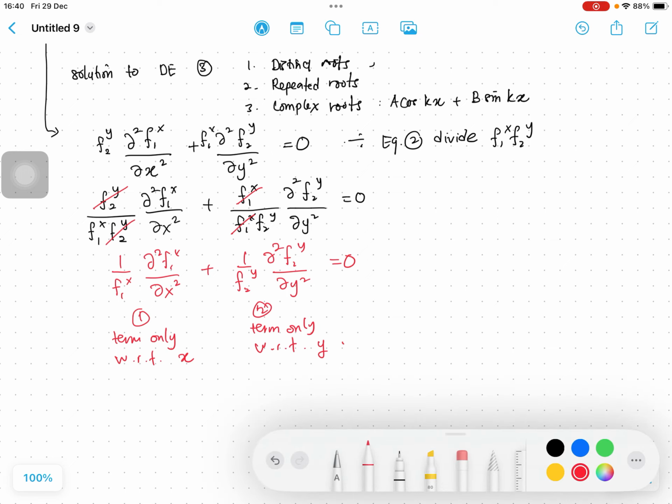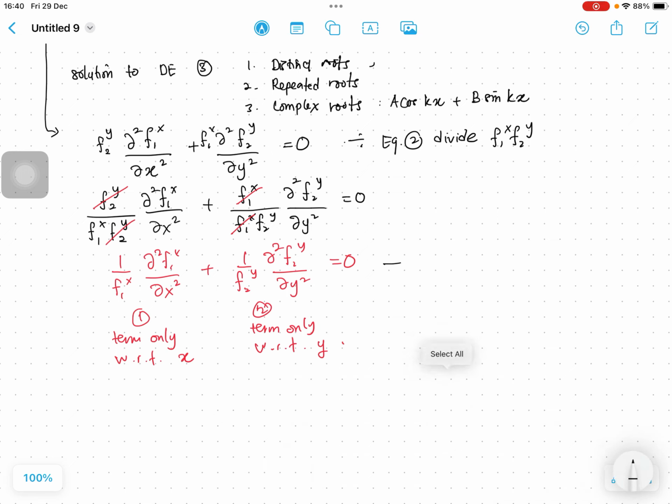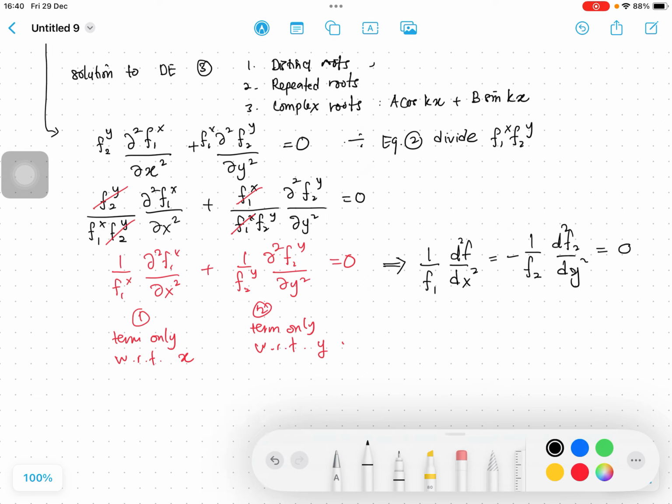So what does that mean? It is safe to write 1 over f1 d²f1/dx² equals minus 1 over f2 d²f2/dy². They cannot equal 0 because you have rearranged them.